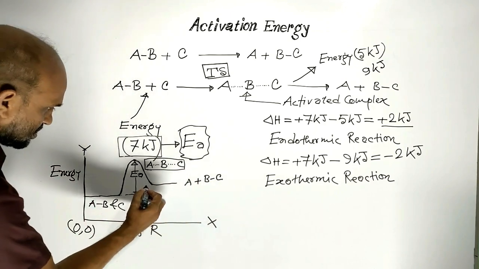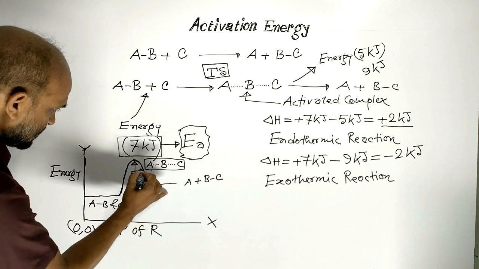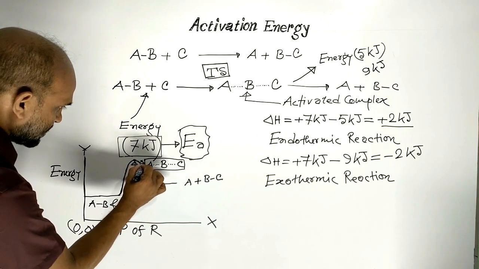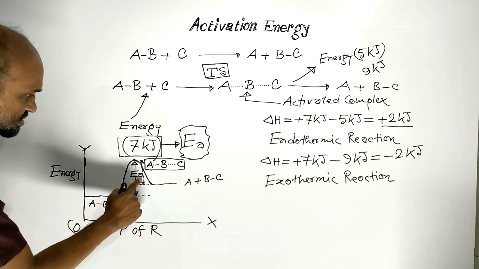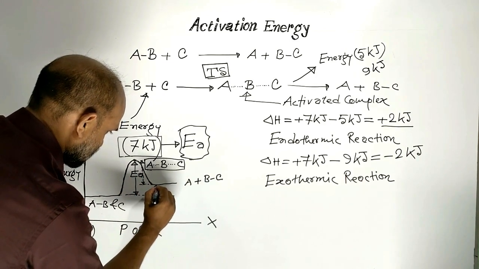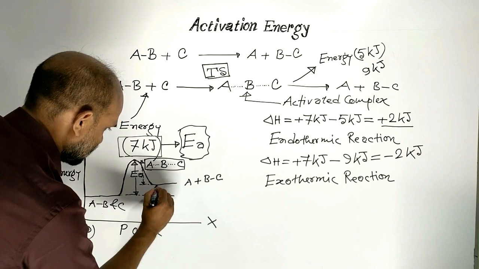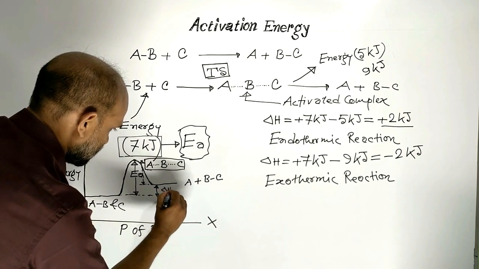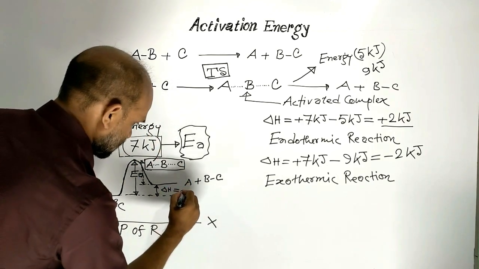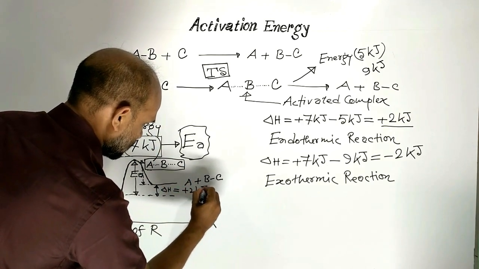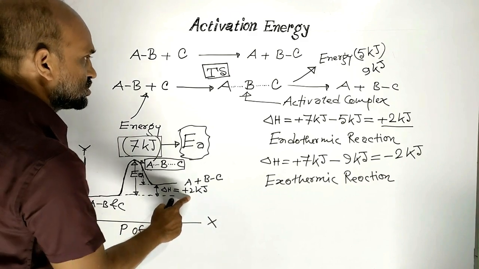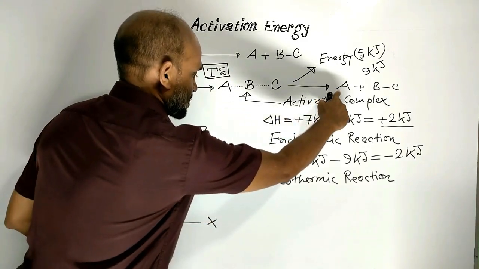Here, it releases this amount of energy, which is less than the activation energy. So, some amount of energy, for example, this reaction plus 2 kilojoule, this amount of energy is stored in the products.